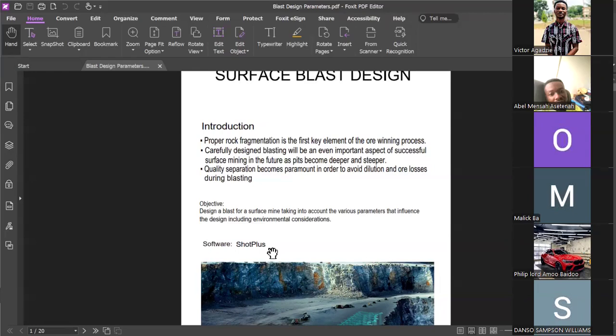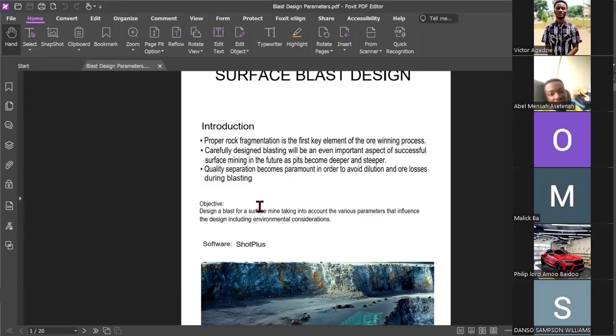Carefully designed blasting will be an even more important aspect of successful surface mining in the future as pits become deeper and steeper. So we know that in an open pit mine, as you mine, the pits become deeper and the walls become steeper. So carefully designing the blasting operation is very paramount.